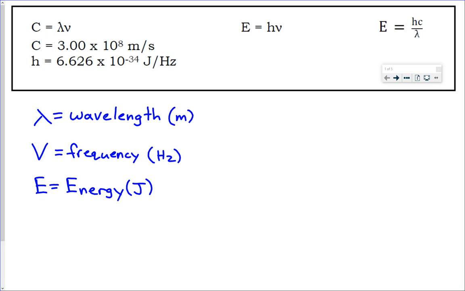In addition to this, we have 2 constants. C is the speed of light. This is 300 million meters per second, or 3.00 times 10 to the 8th meters per second. H is Planck's constant.